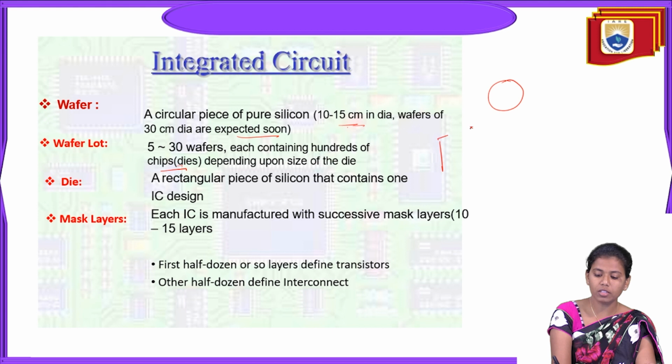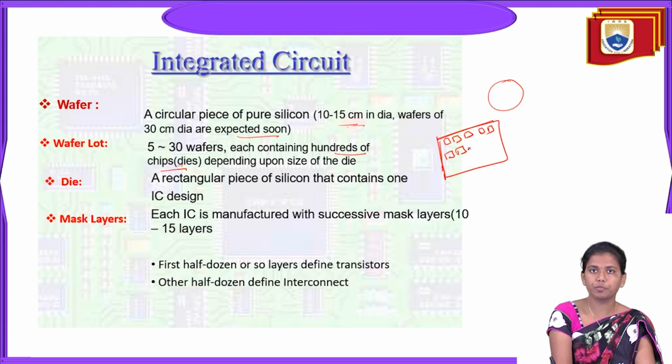So this wafer lot consists of hundreds of chips, depending upon the size of the die. Based on the die, the particular wafer consists of hundreds of chips which are incorporated onto it.